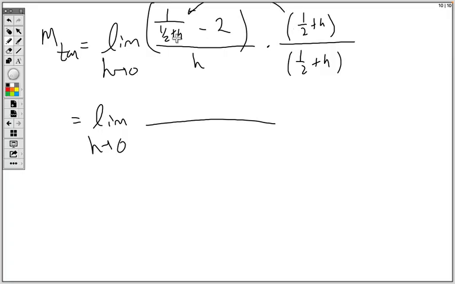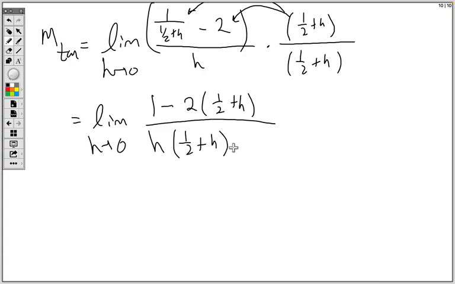Multiply here the first term, we're left with a 1. Multiply here the second term, we've got to multiply this by 2. And once again, the denominator, we're just going to leave it factored because eventually we want to try to cancel that h out.